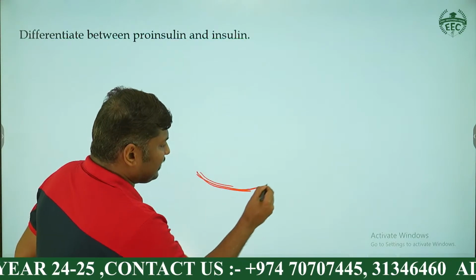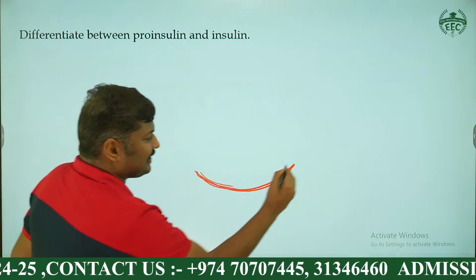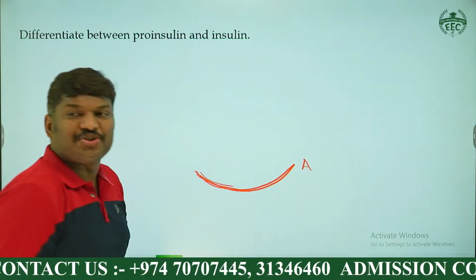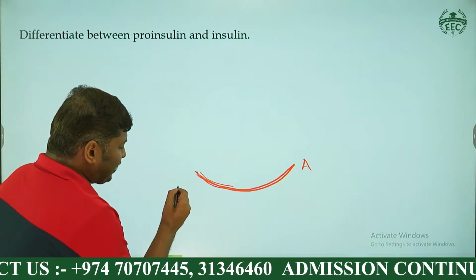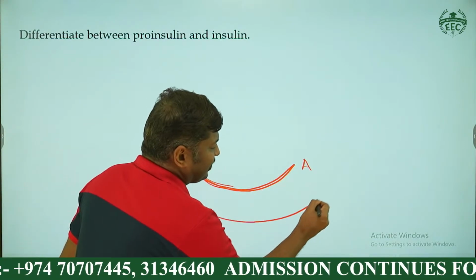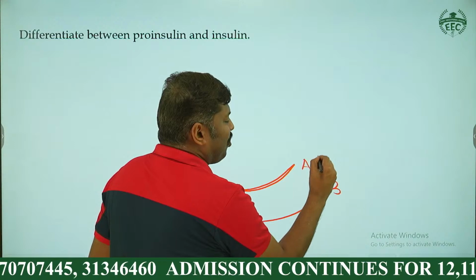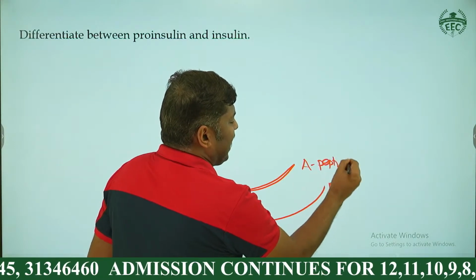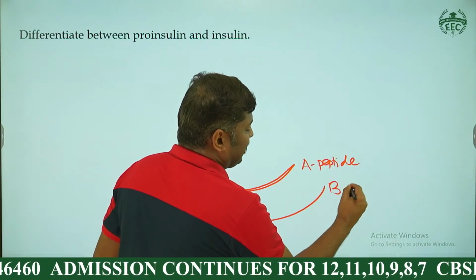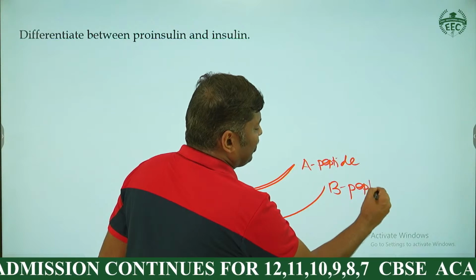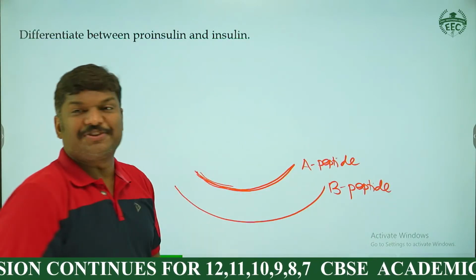When you look at insulin, there is a strand called the A chain, and after that there is one more strand called the B chain. This is called the A peptide, and this is called the B peptide. There are two strands, one called the A chain and the other the B chain.